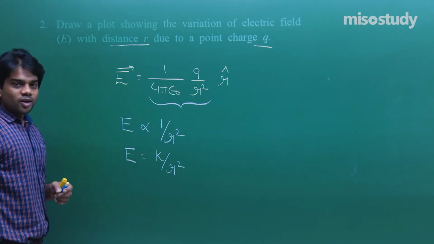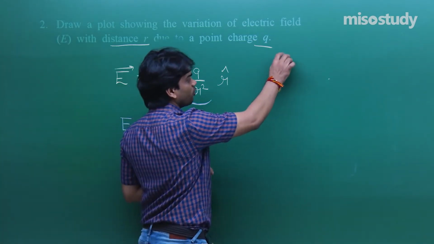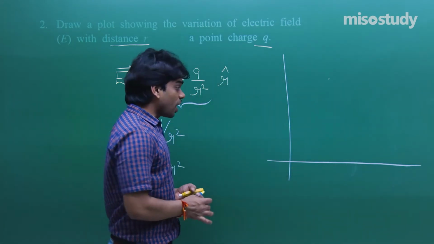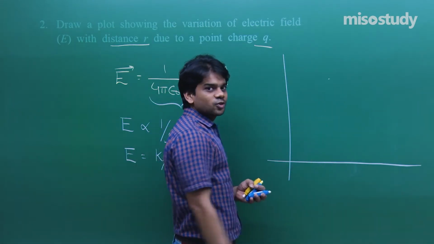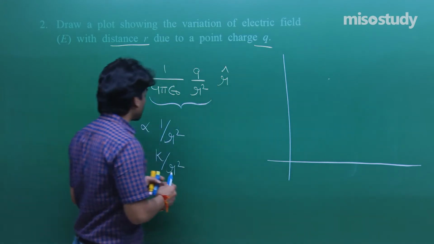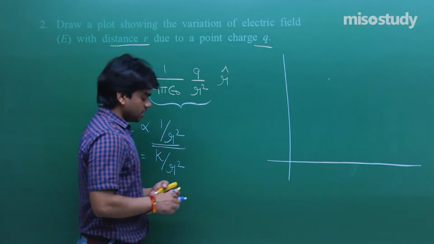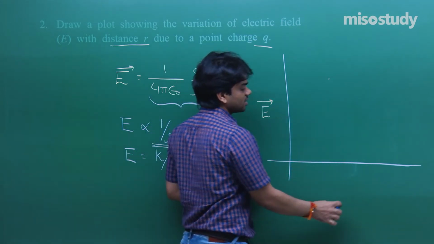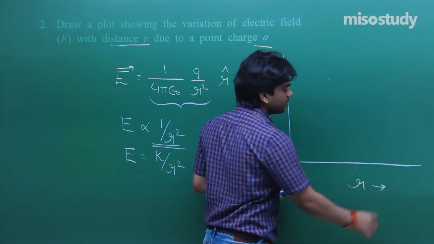Now very simple, let me show you the variation of field with respect to distance R. So if R increases, field has to reduce, and it's an inverse square law that should hold. So I'm mentioning electric field on the y axis and distance r on the x axis.